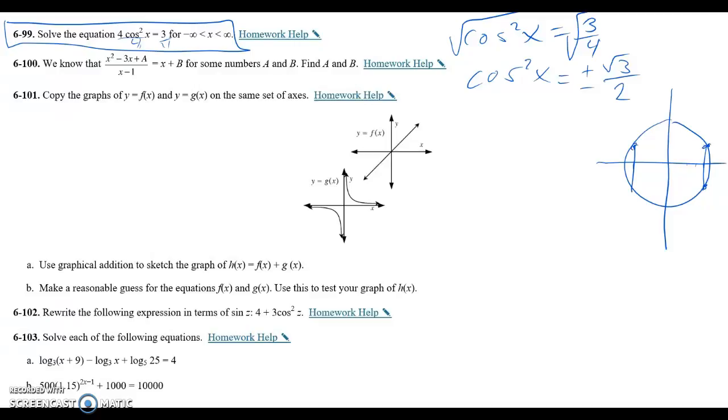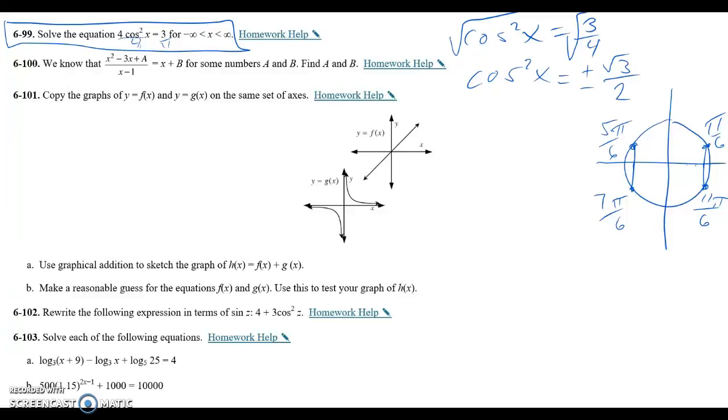So these 4 points are all of the solutions in one revolution of the circle. So we've got pi over 6, 5 pi over 6, 7 pi over 6, and 11 pi over 6 are the 4 solutions if we're only looking at one trip around.